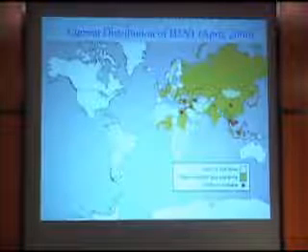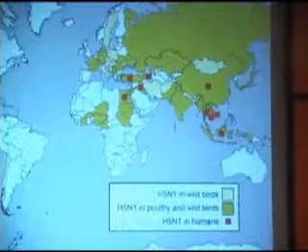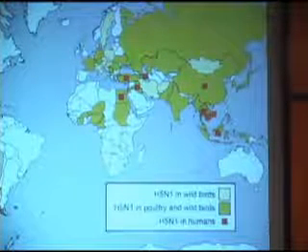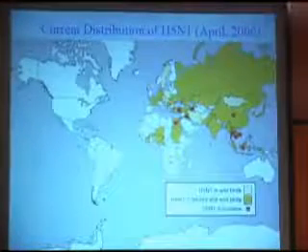If you've been following the news, you know that H5N1 in wild birds has steadily spread from east to west across the old world. So just since the beginning of this year alone, it's been detected in the Indian subcontinent, the Middle East, most of Western Europe, and a number of countries in Africa. So currently we do not have H5N1 in the New World or in Australia, New Zealand.